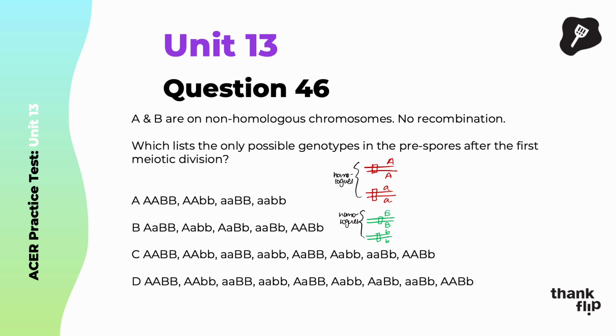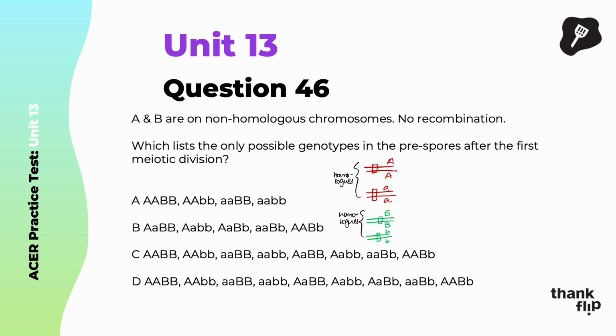All right, for this question, we're given some extra information. So we're given figure 2, and this figure shows 2 pairs of homologous chromosomes, and it's basically asking us what the possible genotypes could be for the pre-spores after the first meiotic division.